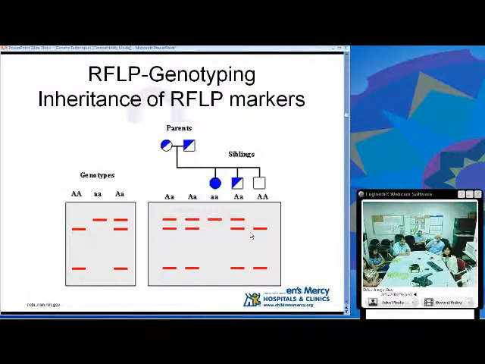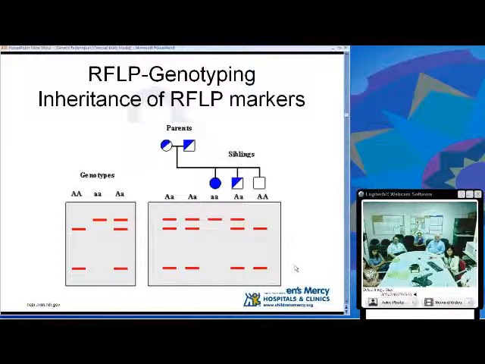So you can also use restriction fragment length polymorphism to genotype, and you can look for inheritance of RFLP markers. So say your dominant pattern looks like these two bands, your recessive looks like this, and your heterozygous looks like this. You can take DNA from parents and siblings, and you can identify what genotype they have based on this RFLP.